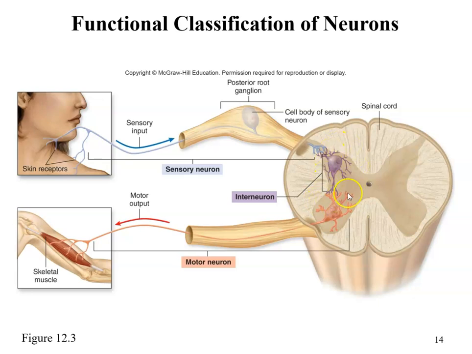We said the spinal cord is part of the central nervous system. And then the interneuron is going to communicate with the motor neuron and send a signal away from the CNS toward the effector, all right? So this is the efferent neuron, towards an effector, which in this case is skeletal muscle.